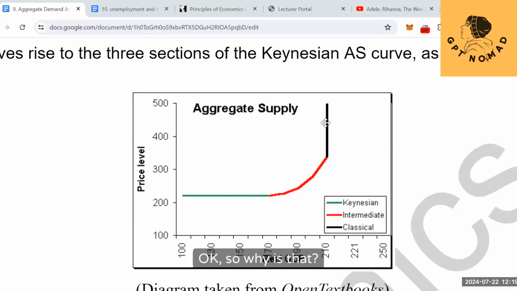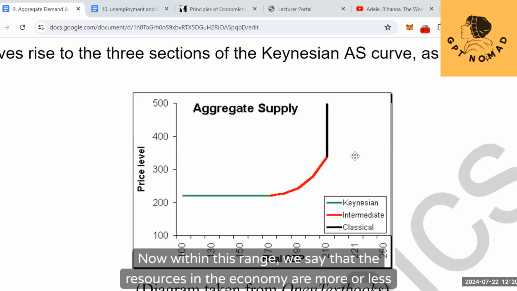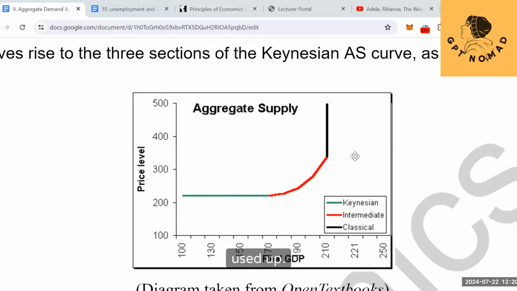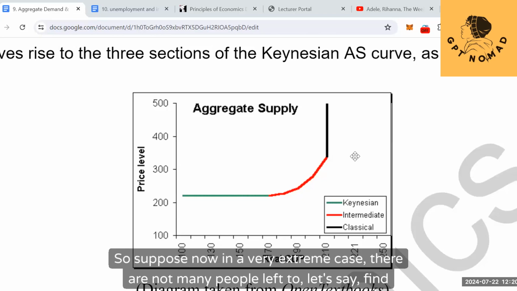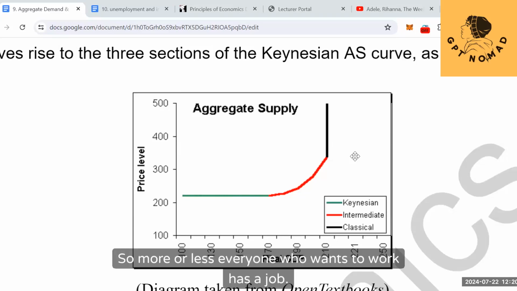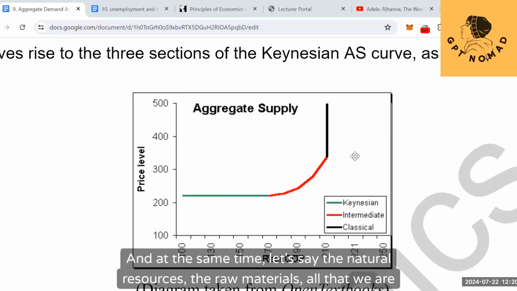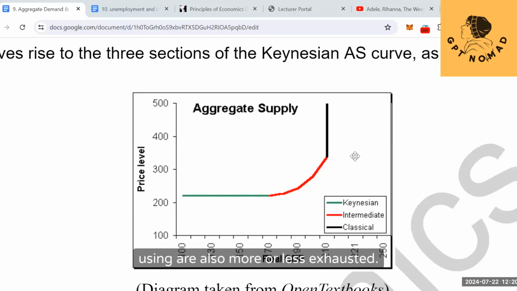Okay, so why is that? Within this range, we say that the resources in the economy are more or less used up. Suppose, in a very extreme case, there are not many people left to find jobs, so more or less everyone who wants to work has a job. At the same time, the natural resources, the raw materials, are also more or less exhausted.